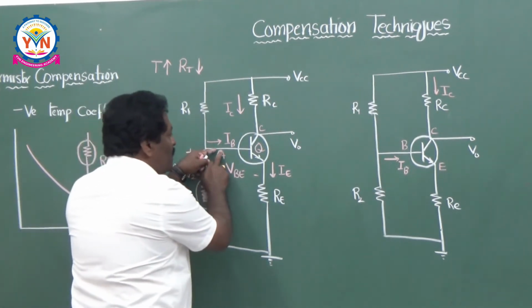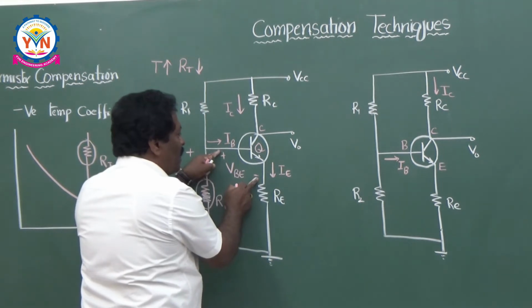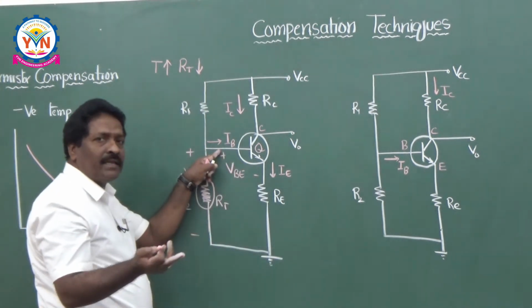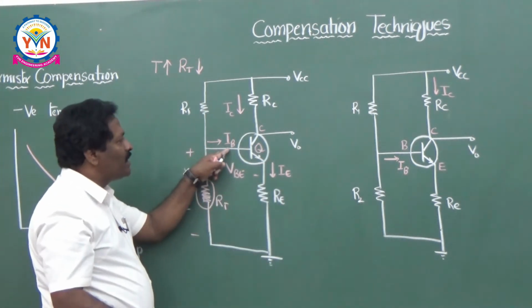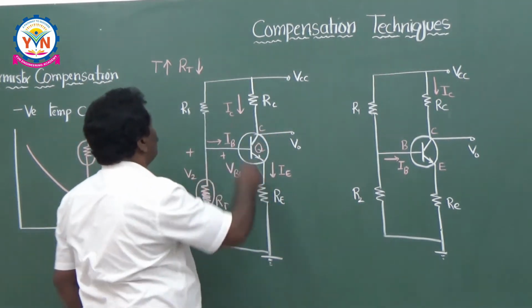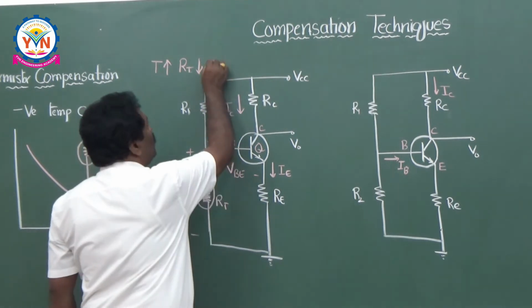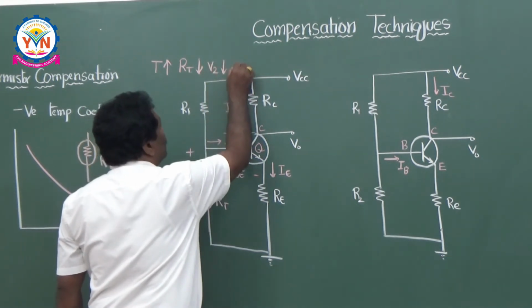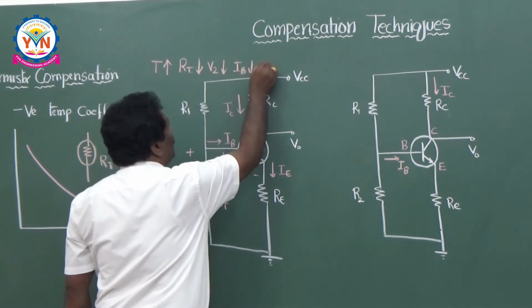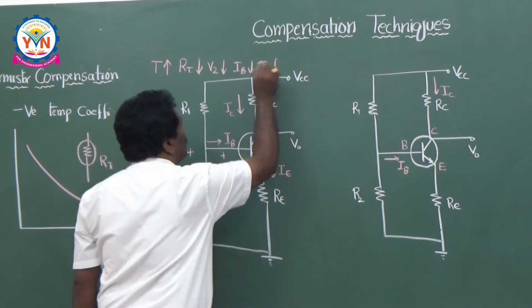If the forward biasing of this input junction decreases, automatically IB also decreases. So if input current decreases, output current also decreases. So if temperature increases, RT decreases, then V2 decreases, IB decreases, then automatically IC also decreases.